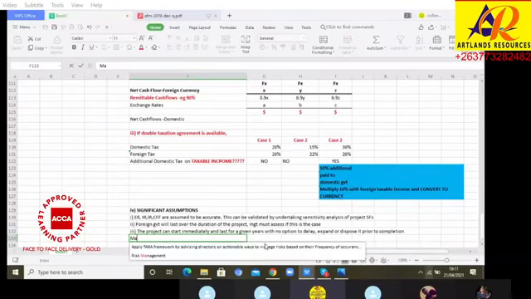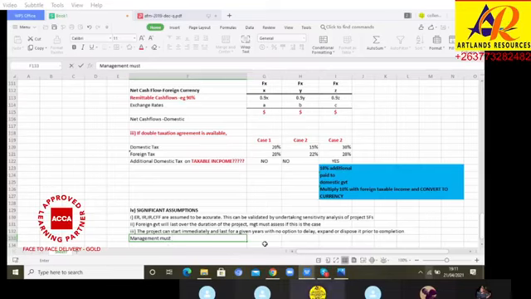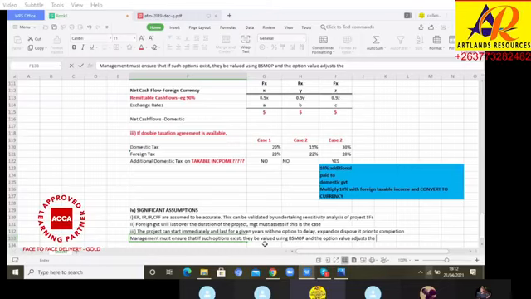You then say management must ensure that if such options exist, they be valued using the Black-Scholes model of option pricing, and the option value adjusts the NPV estimate.